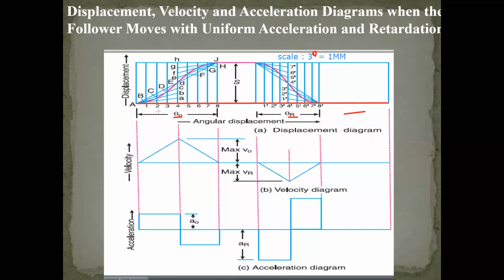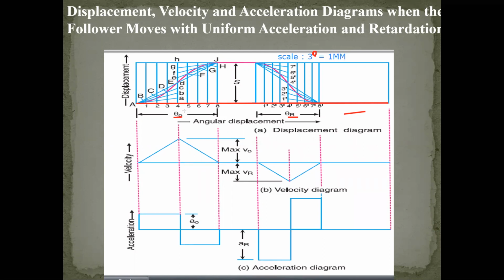Say we take the same values: theta naught equals 120 degrees, dwell is 30 degrees, and return stroke is 60 degrees. We have to represent these values here.